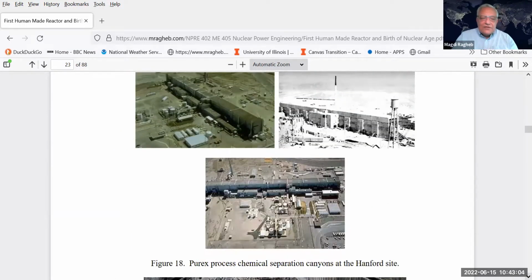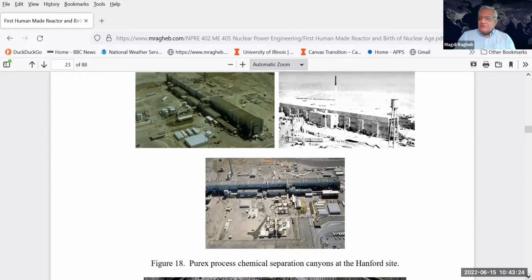Now you had the mixture of plutonium-239 that we mentioned earlier with the uranium-238 and uranium-235, and you needed to extract that plutonium from the uranium fuel.